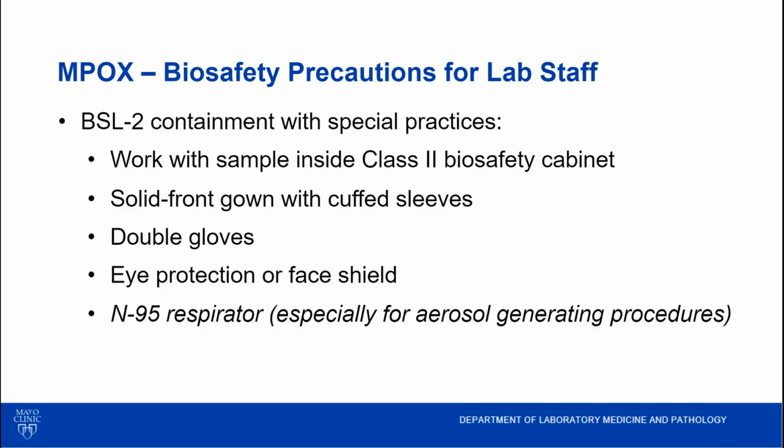If they're going to be performing any aerosol generating procedures, such as vortexing a tube that's open, an N95 respirator is recommended, but I'll say that that probably isn't being done in most laboratories. Just recommending not to perform aerosol generating procedures and having those samples being worked with inside of a Class 2 biosafety cabinet with the other measures listed here on this slide.